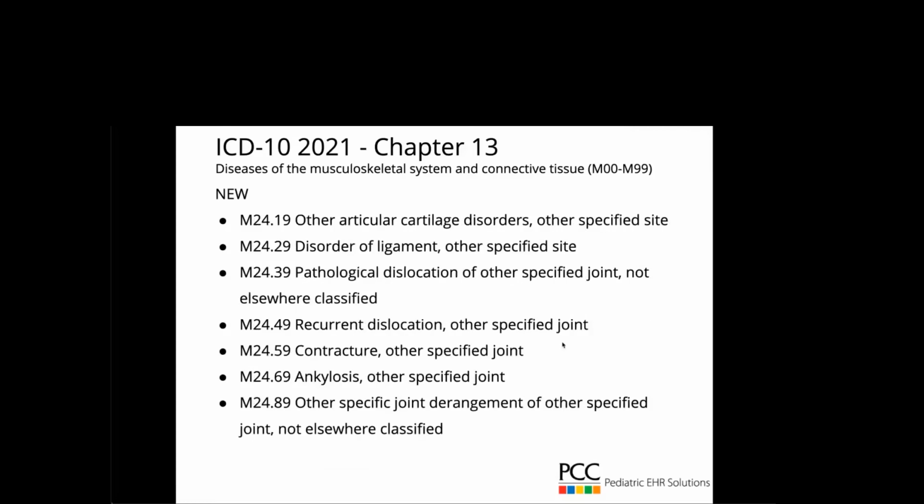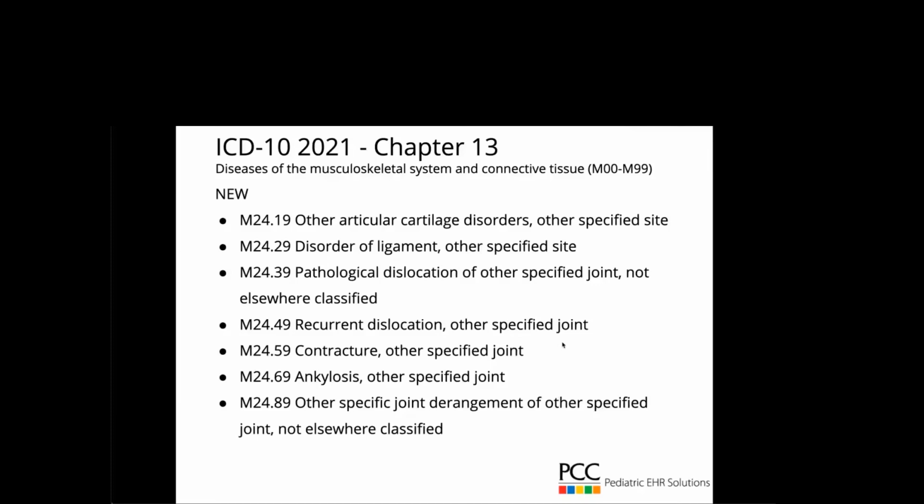The M24s also have some additions that relate to body sites. So in general, the addition of specific codes for other specified sites is what the idea was. Again, in ICD-10 terms, other means you know what it is, but there is no code that describes it specifically.